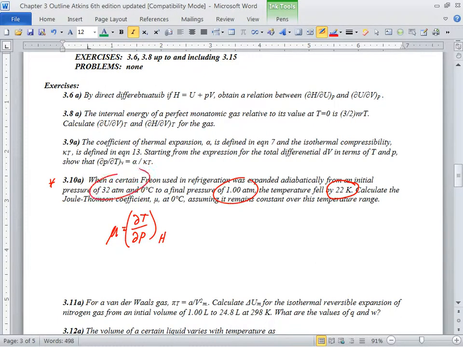We don't have to worry about units on this? Well, I think what you do is just keep your units in there, right? Whatever you had, okay. This is going to end up being kelvins per atmosphere. Fine, just leave it in that. Now, if they wanted something else, just give the units.